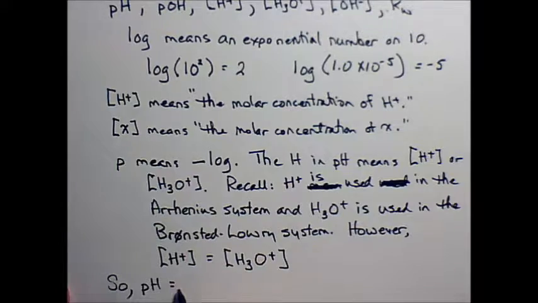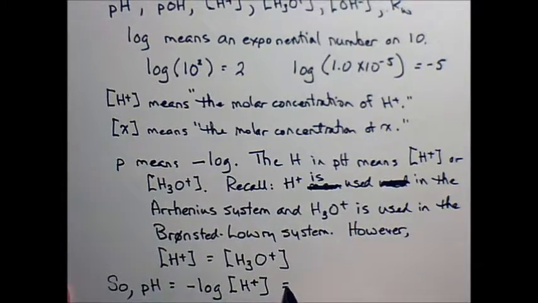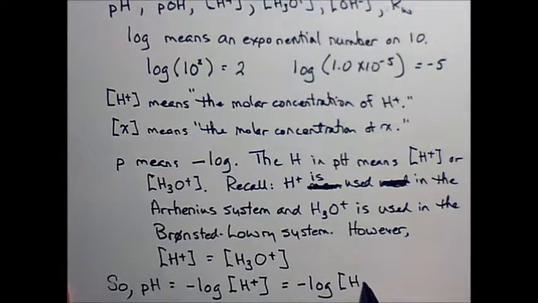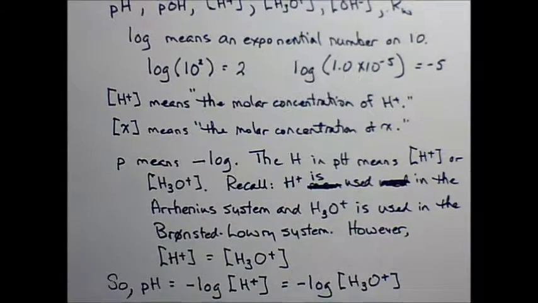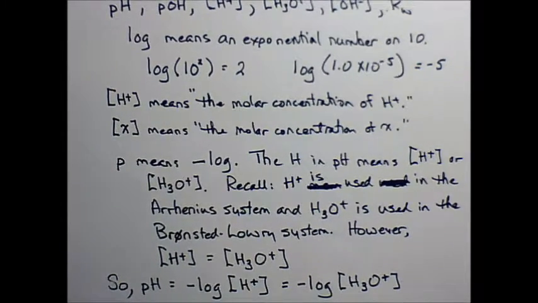So pH is equal to the negative logarithm. All we're really doing is copying this because we can't write both of these at the same time. So what we're going to do next is calculate pH from concentration.